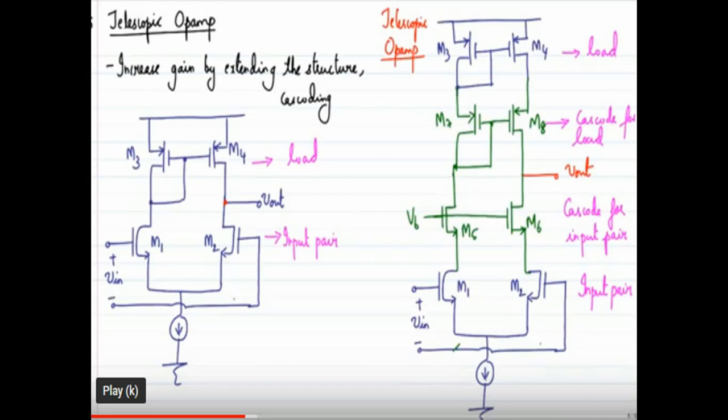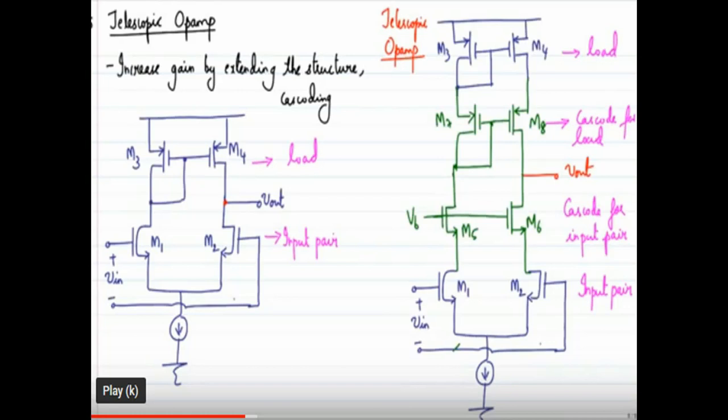Okay, so cascoding means we cascode the pair with the same type of transistors. Here the input pair is NMOS in the single-ended opamp, so it is cascoded with the same NMOS transistors.